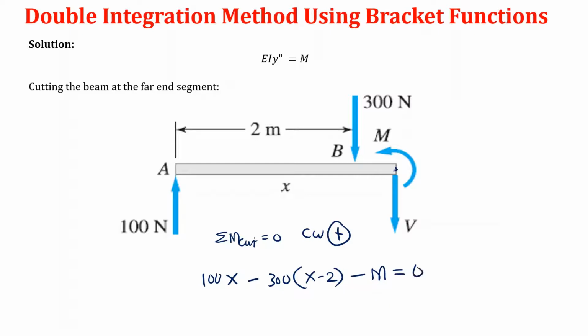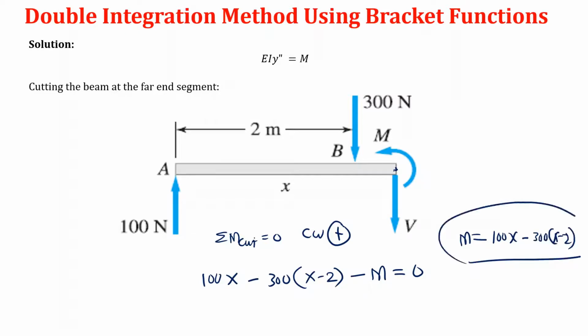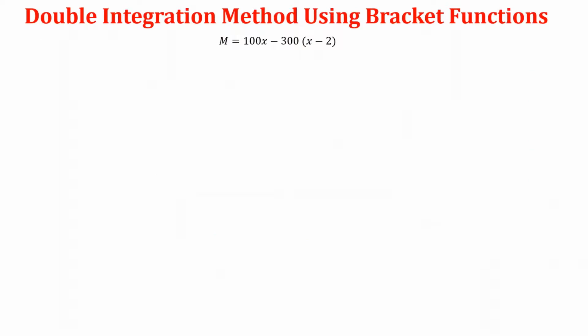So, M is 100x minus 300 times x minus 2. Okay, this is the moment equation.